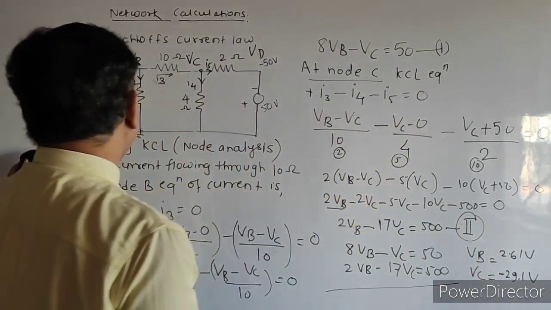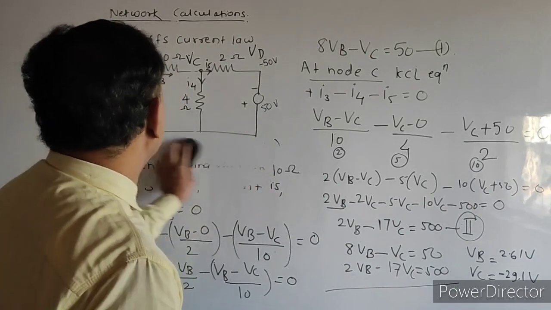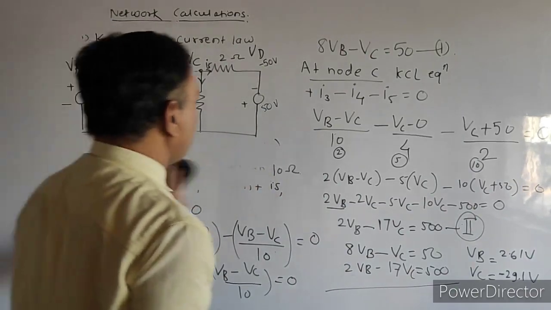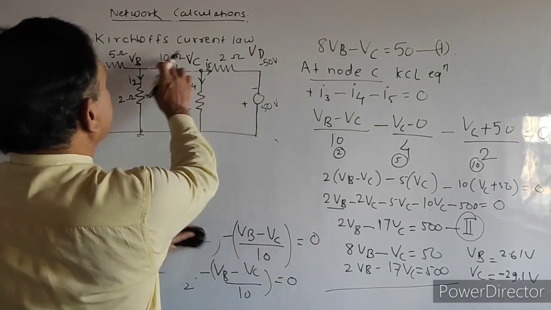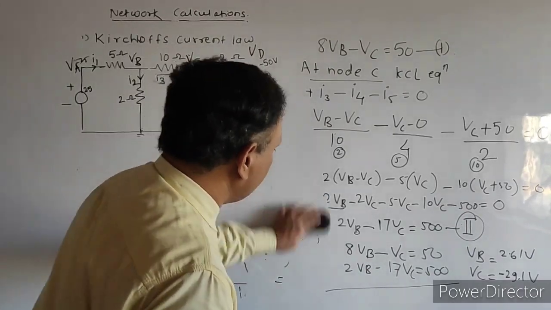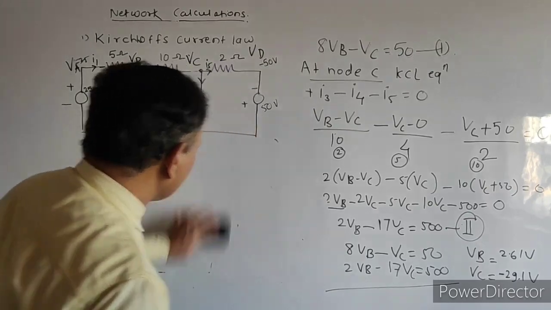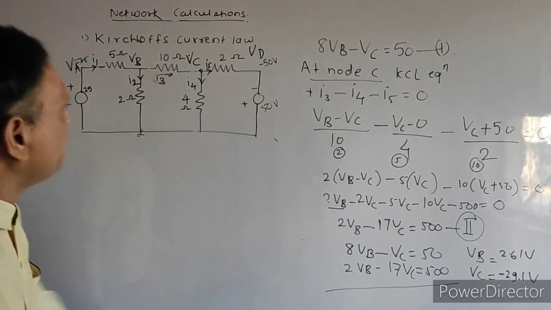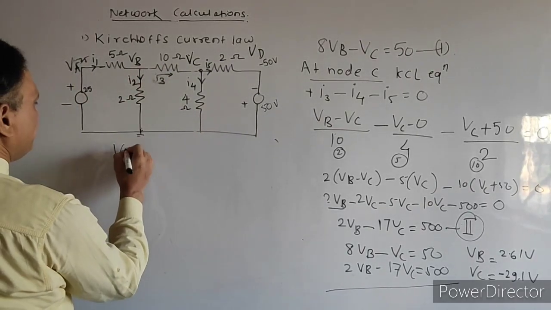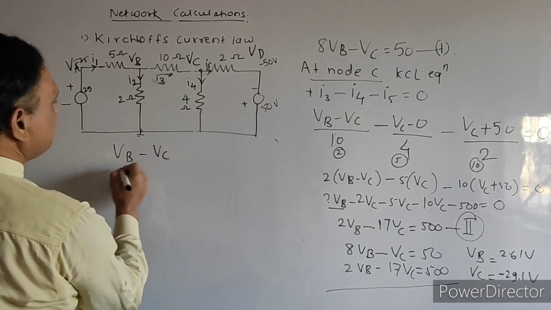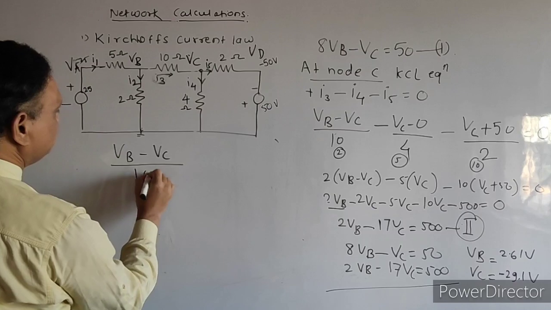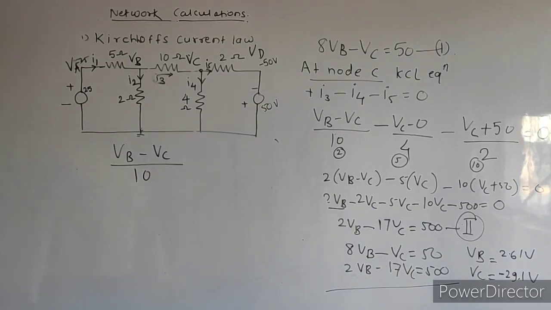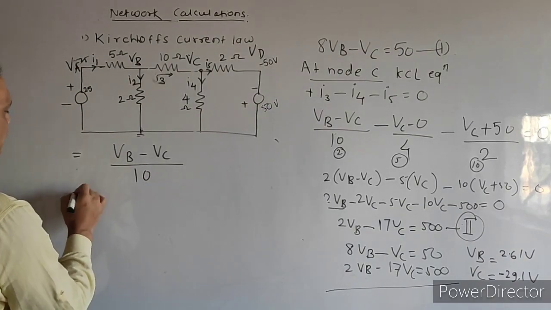Now what is asked? We have to find the current through this branch, that is the current through the 10 ohm resistor. And the current through the 10 ohm resistor is nothing but VB minus VC upon the value of the resistor, that is 10. So what is my VB?